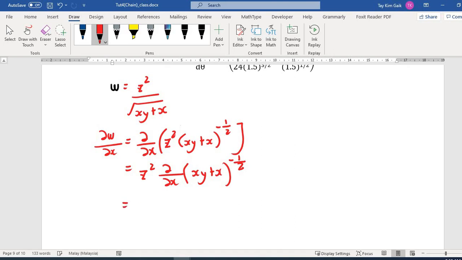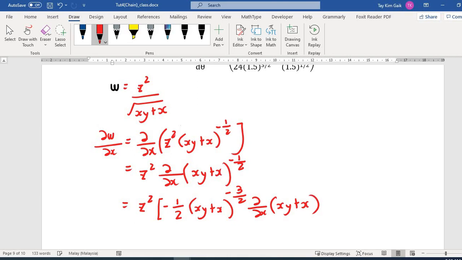Then you have here, this is z squared. So for the differentiation, you bring the power to the front, so negative half, and then xy plus x to the negative half minus 1, so it becomes negative 3 over 2, and then you have del x of xy plus x.